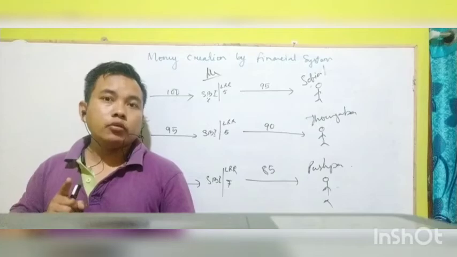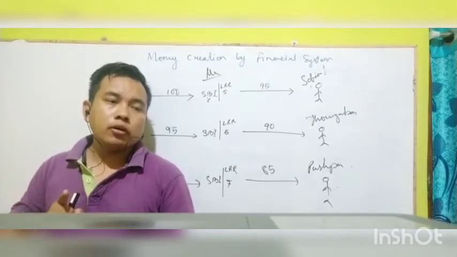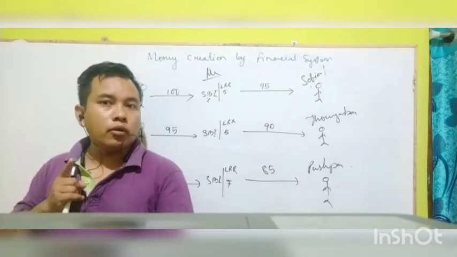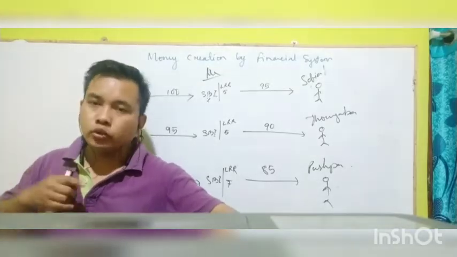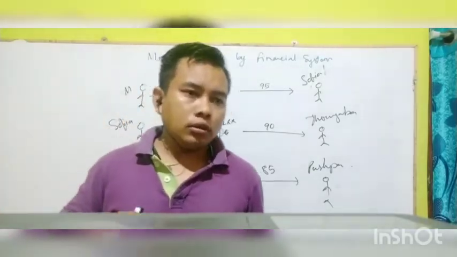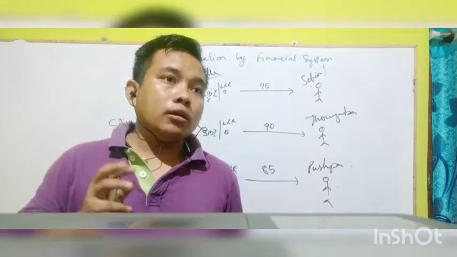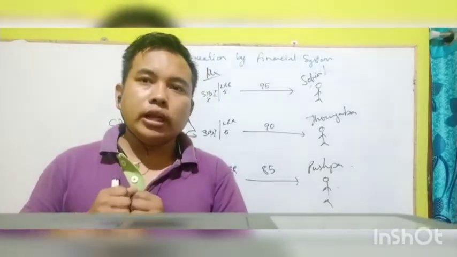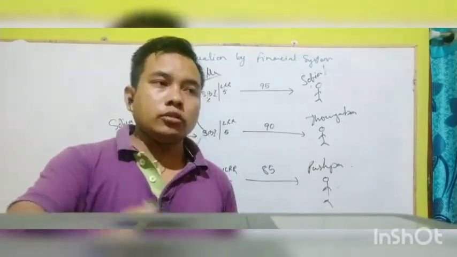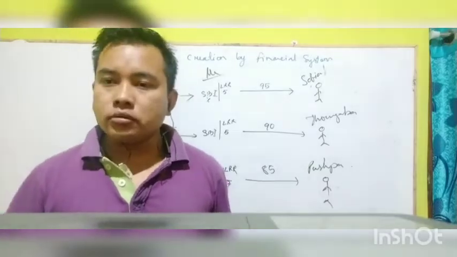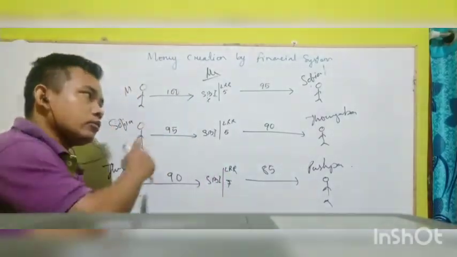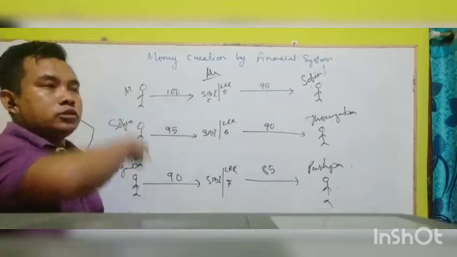These 100 rupees will be responsible for the creation of income for the remaining 20-30 people, which the depositor may not know. But because of your deposit of 100 rupees, Sophia got income, Thongam got income, Puspa got income, Braden got income, all people got benefited because of the 100 rupees that you deposited to me.